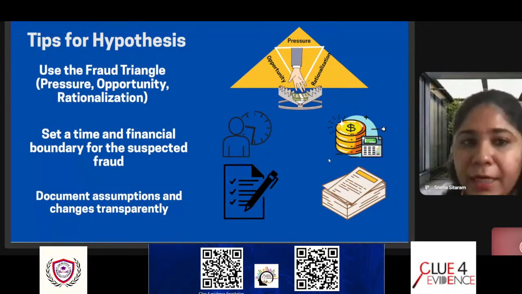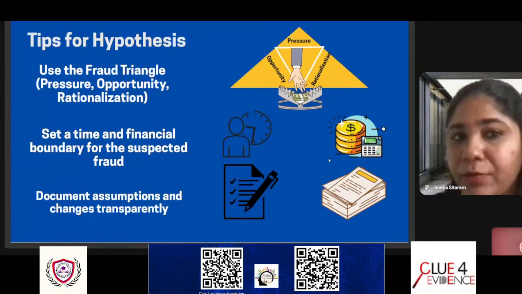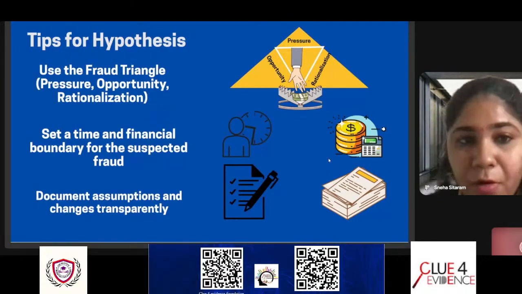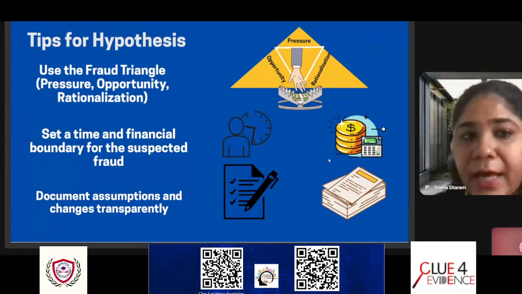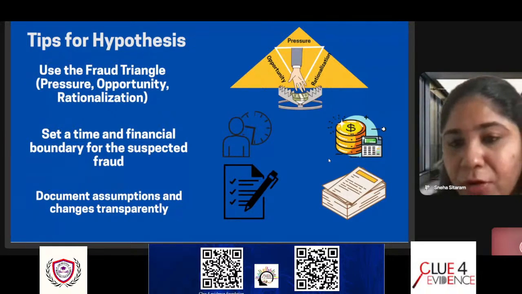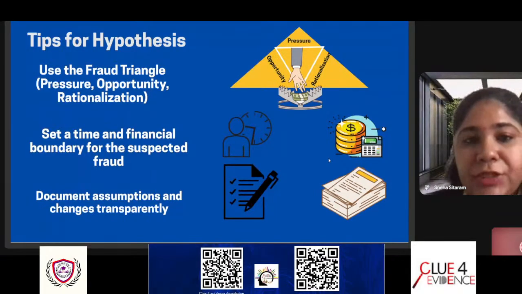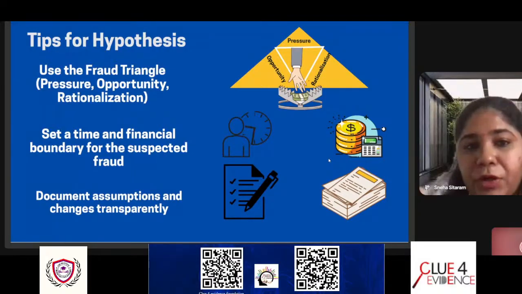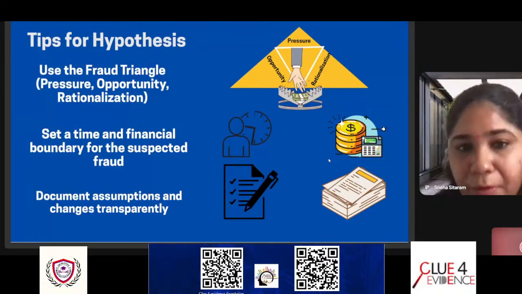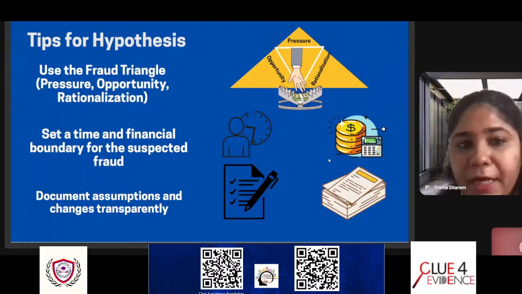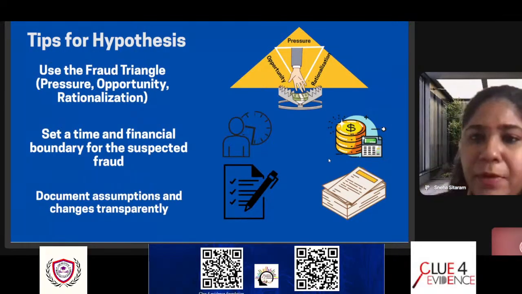Apart from that, while forming the hypothesis, I would also like to insist upon this fraud triangle. That's why I came to this particular slide, because when you talk about Benford, you should also understand the fraud triangle. This is the first stage of any investigation, where you need to see where the fraud is coming from, whether it is pressure, opportunity, or rationalization.